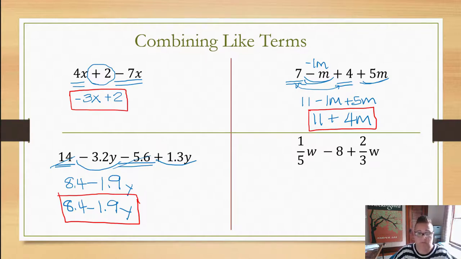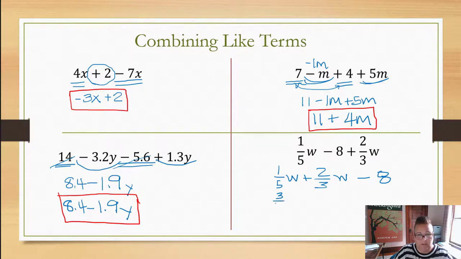You can also do this by hand. You have 1/5 w plus the 2/3 w minus 8. And I'm just rearranging these. The 1/5 and the 2/3 could use a common denominator of 15.